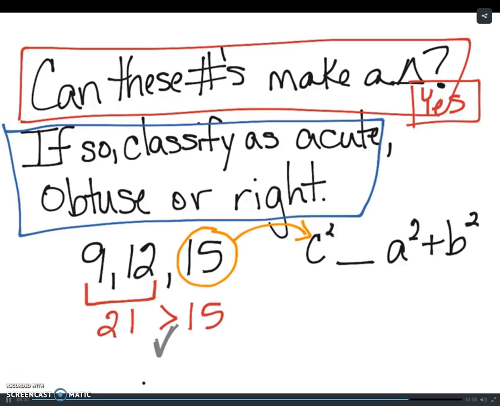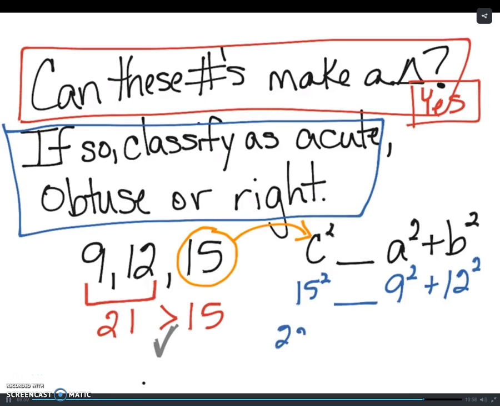So this one has to be the right angle. So we're going to have 15 squared, and then a blank, and then a squared plus b squared. And it doesn't matter which of the other 2 numbers is a and which one is b. Okay, it'll work out no matter which one you put in each spot.